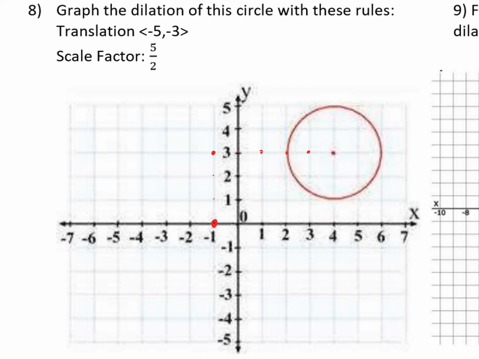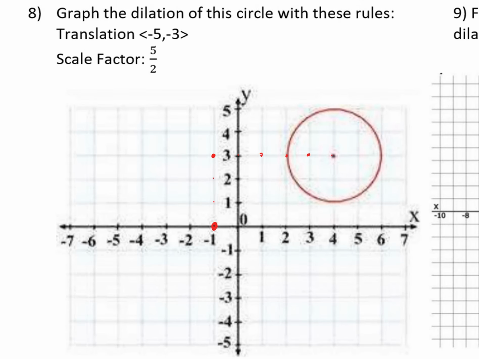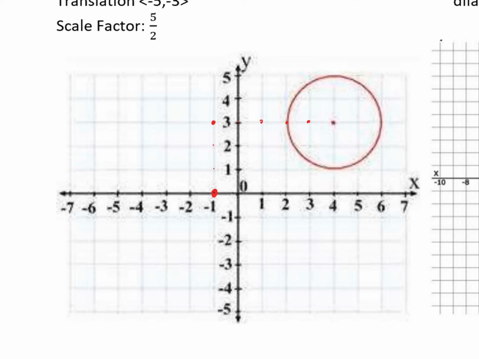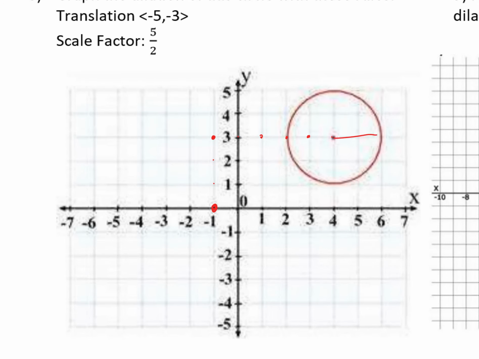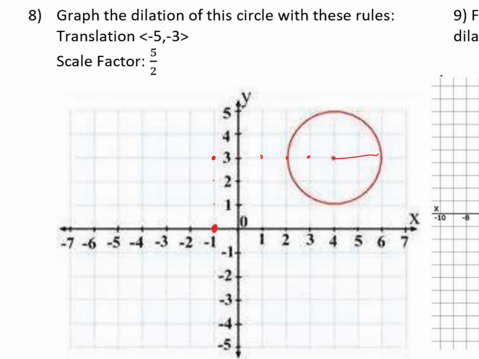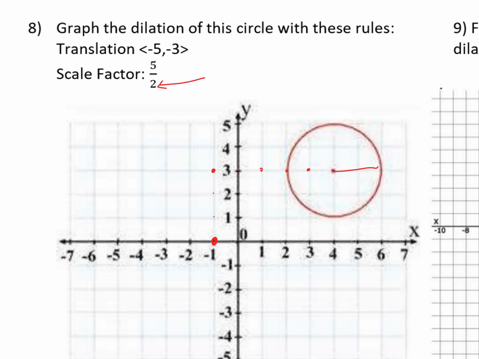The scale factor is a 5:2 scale factor. So that tells me the old, the pre-image, I guess you would call it, is the radius of 2. So that's where this is, the pre-image. The image is the after, so its radius needs to be 5.